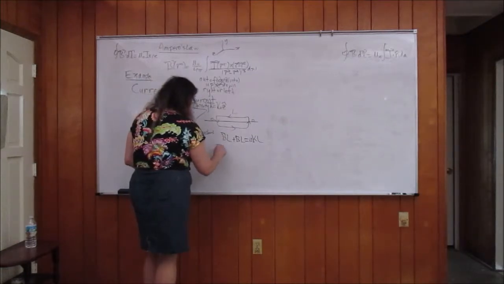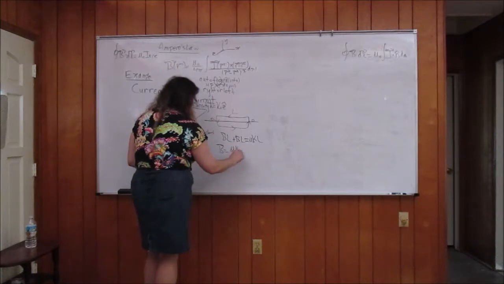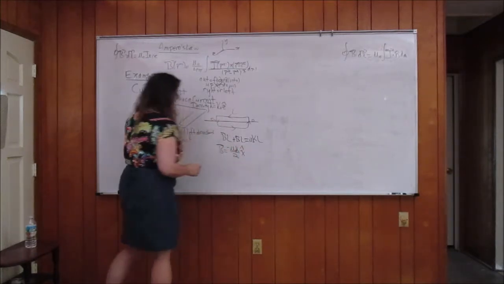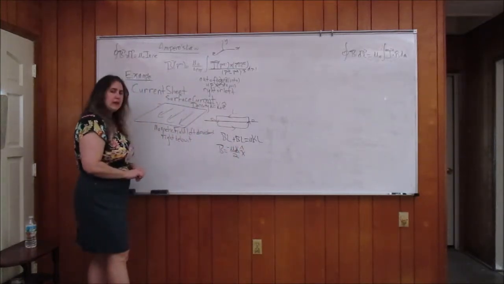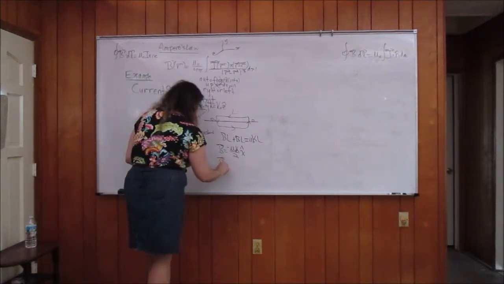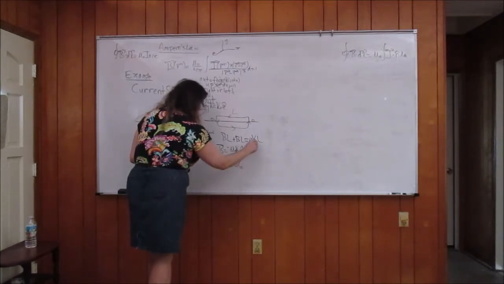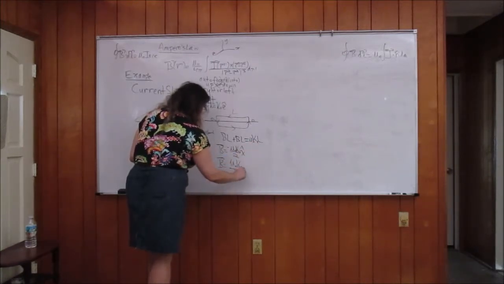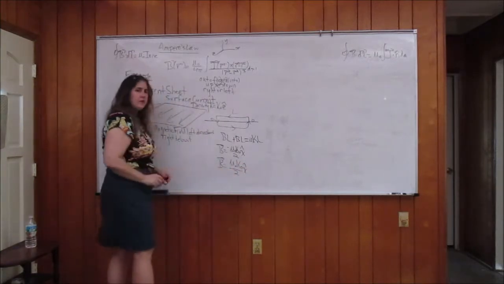Therefore, B is equal to mu naught K over 2. And it's negative above the current sheet, and positive below it.